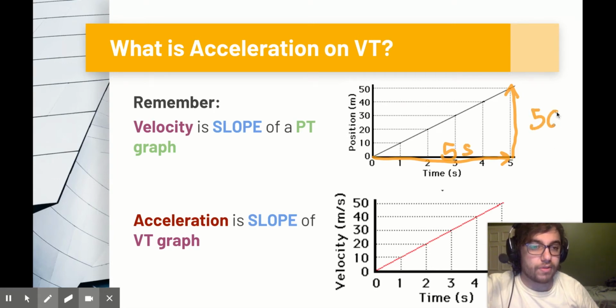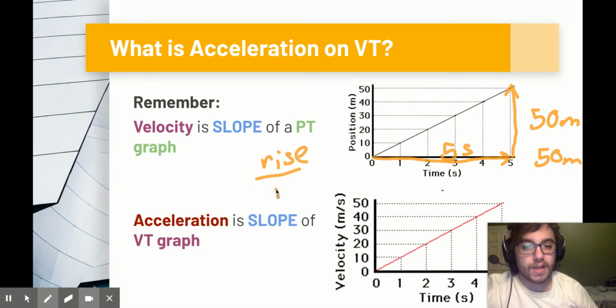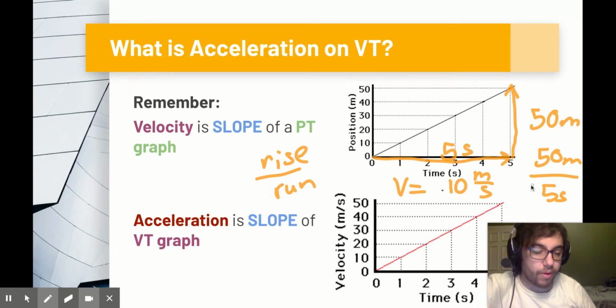I move 50 meters. The rise is 50. I'll just write rise over run over here just for your sake. Over 5. And you see, this is a velocity because it has meters per second as our units.